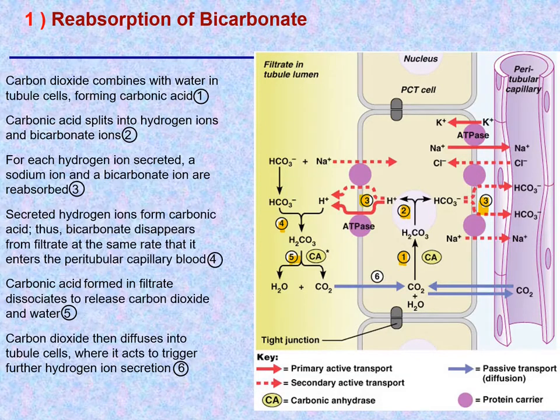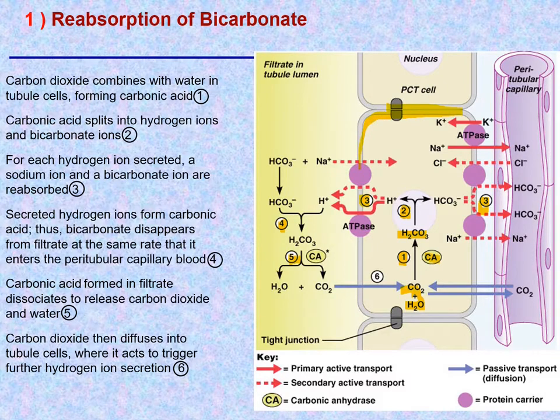Ca stands for the enzyme carbonic anhydrase, which you need to convert CO2 and H2O into carbonic acid, and that can occur inside the cell. This cell lining right here is the outline.